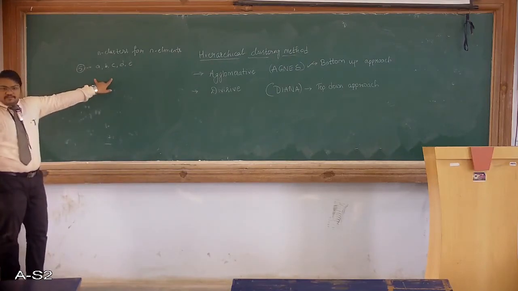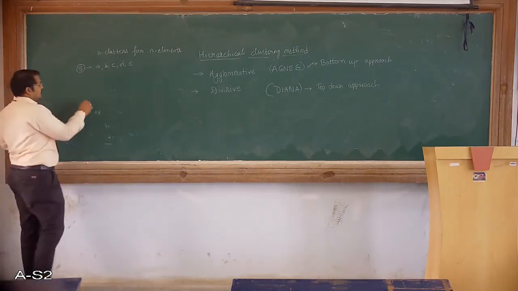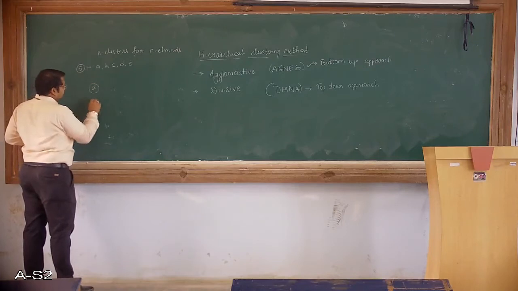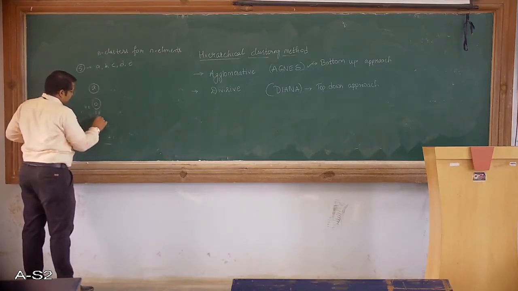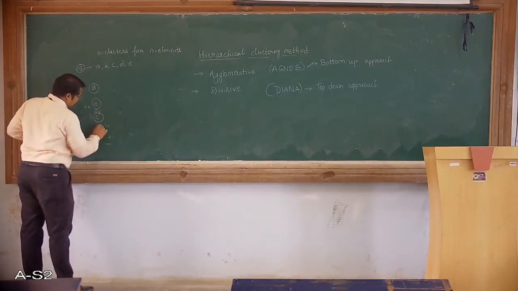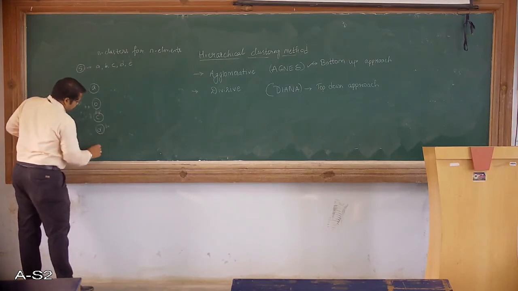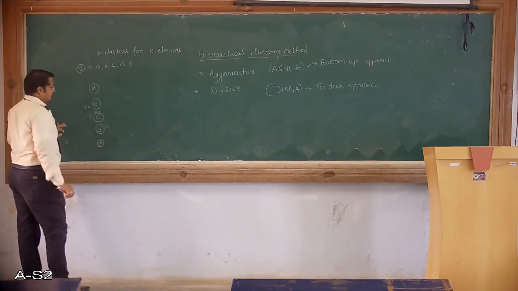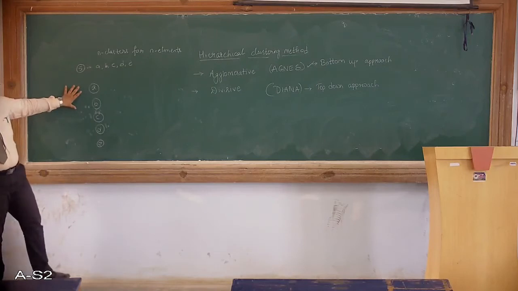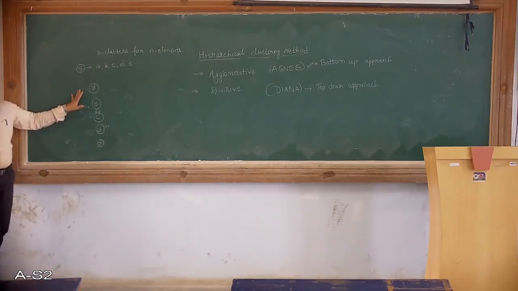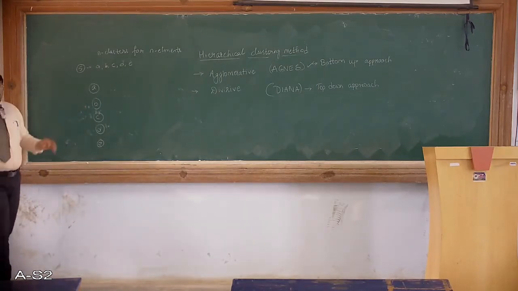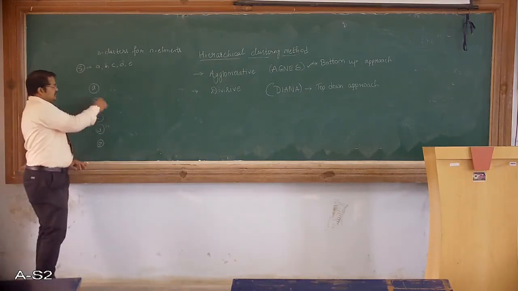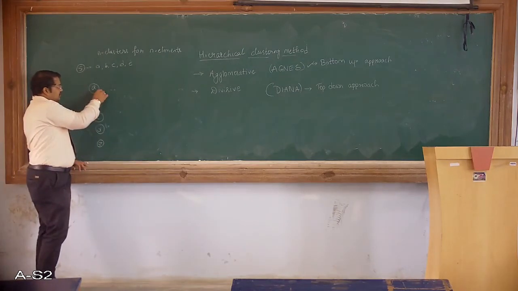There are 5 elements, so we should have 5 different clusters: A, B, C, D and E. Now in the next step, the distance between all the clusters is found.